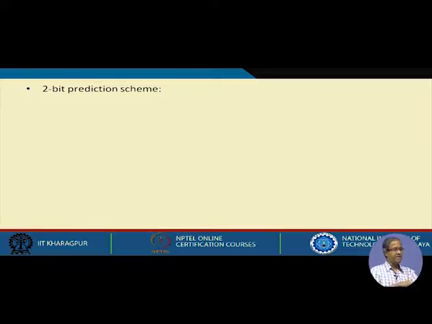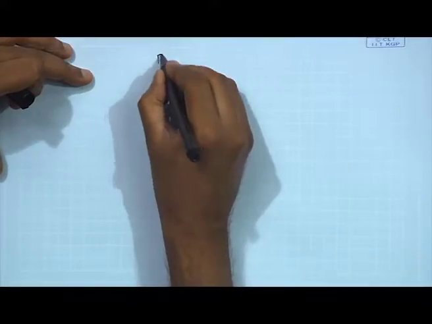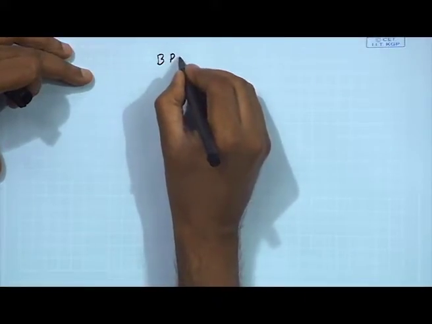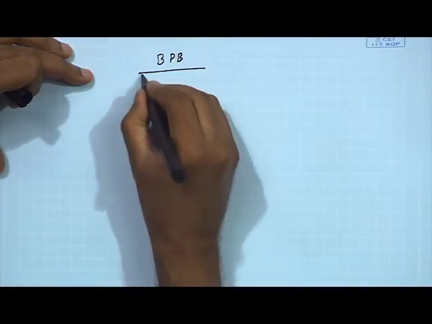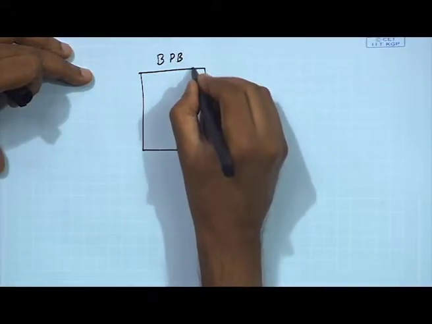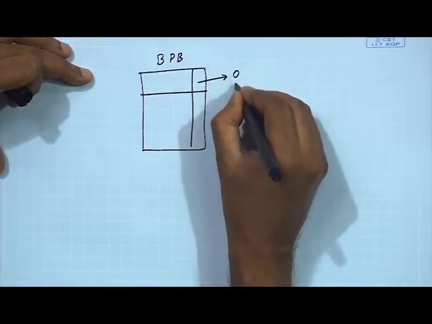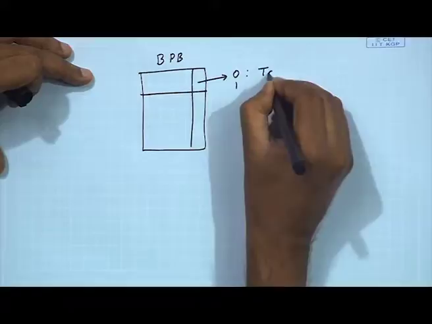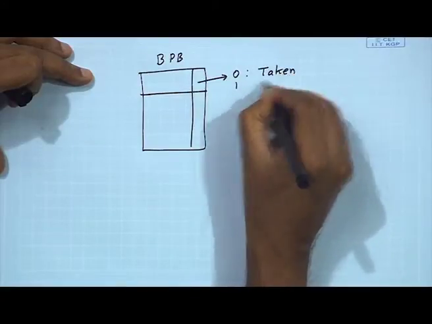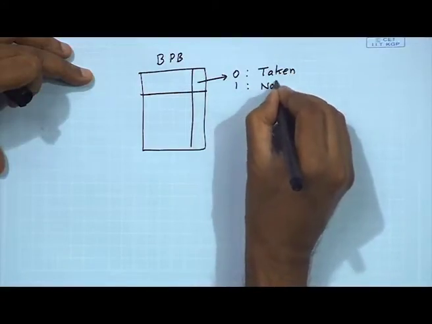So, to avoid it, you can have a 2-bit prediction scheme, because the trouble with the earlier scheme was that every time there was a misprediction, I was flipping that bit. In that branch prediction buffer BPB, there was this prediction bit, which was 0 or 1, 0 means let us say taken, 1 means let us say not taken.